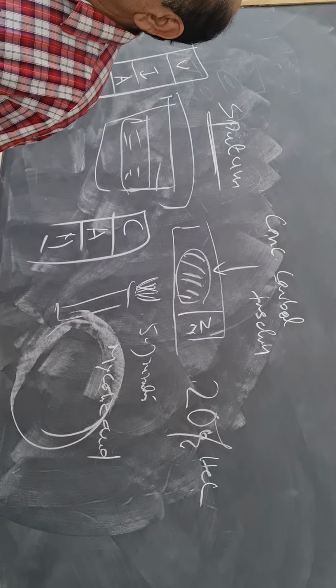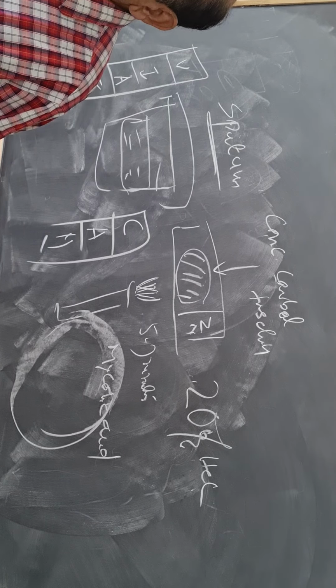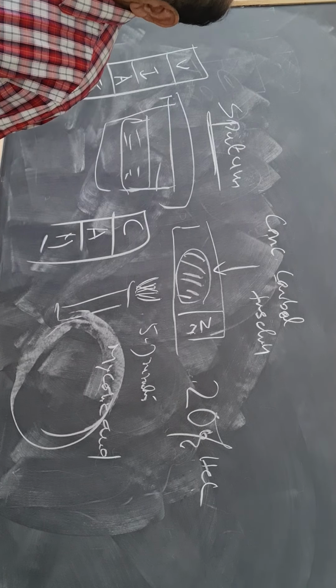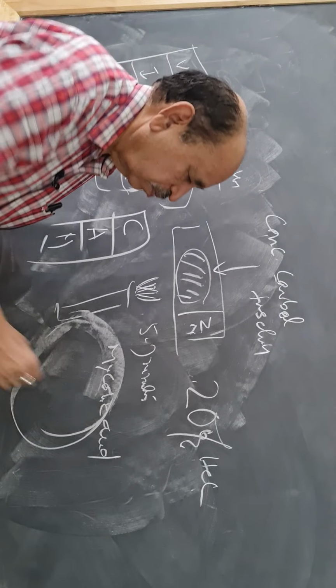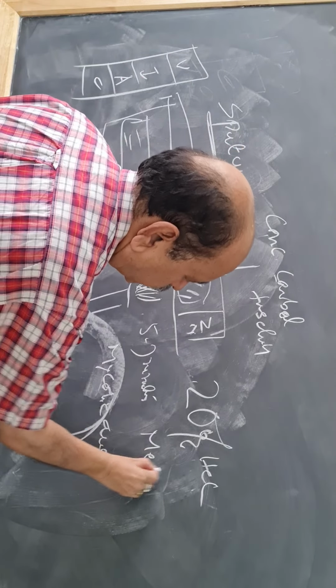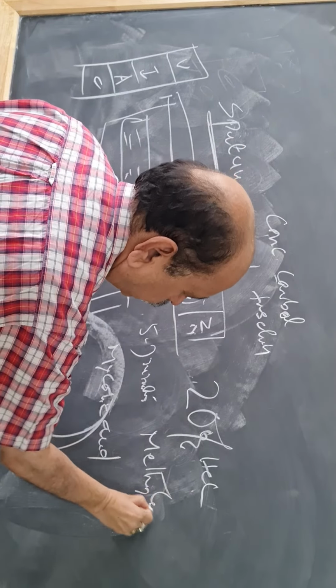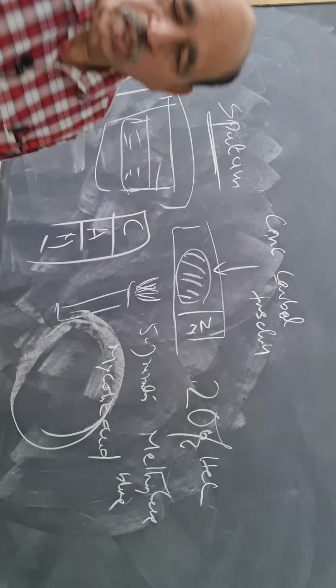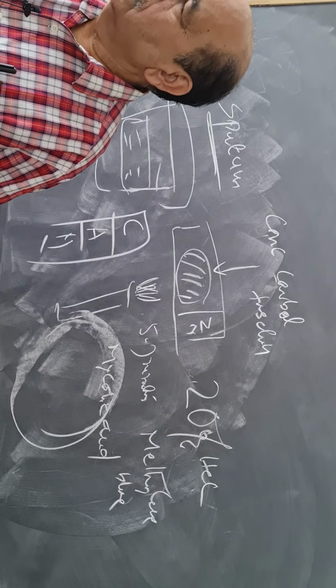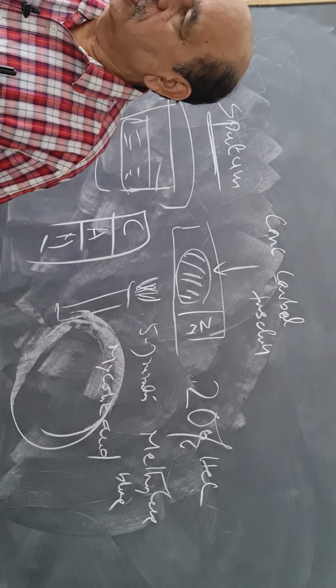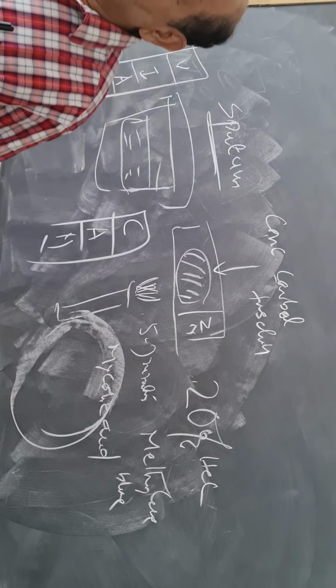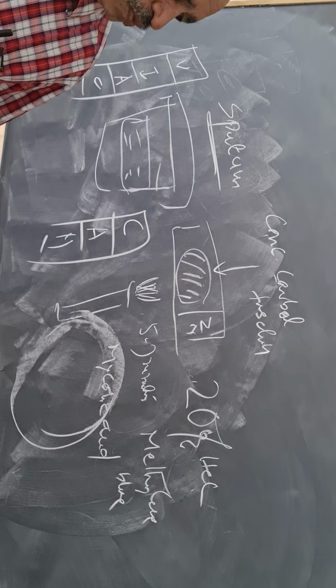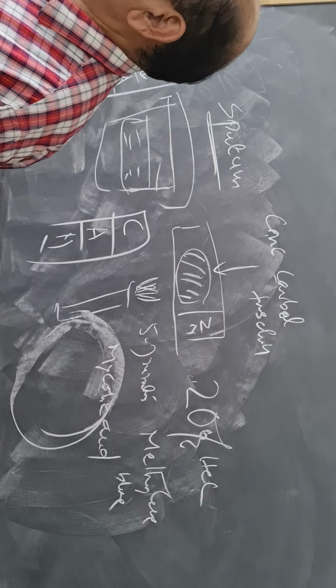Counterstain with methylene blue for 30 seconds to 1 minute. Wash, blot dry, and see under oil immersion microscope.